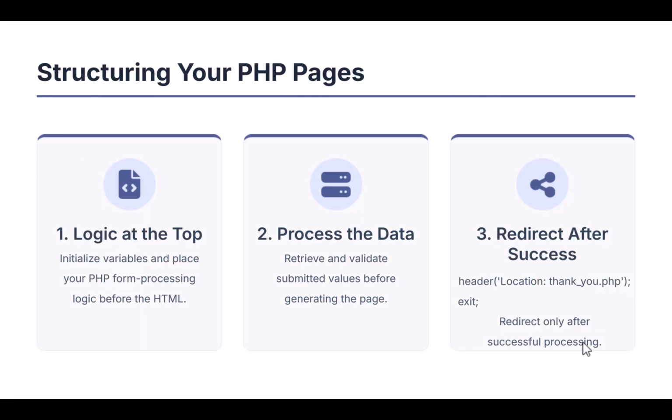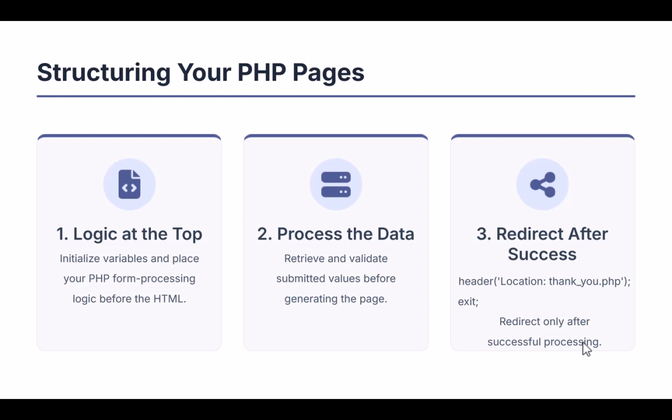To wrap up, the main idea from this lesson is that we are taking the form processing skills we already know and organizing them into a self-processing PHP page. We learned how to determine whether a form has been submitted using the server superglobal request method to determine whether the page received a post request, to safely retrieve submitted values using the null coalescing operator, validate those values, and create sticky form fields so users do not have to re-enter information when an error occurs.